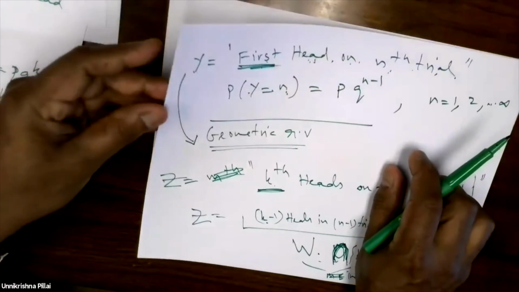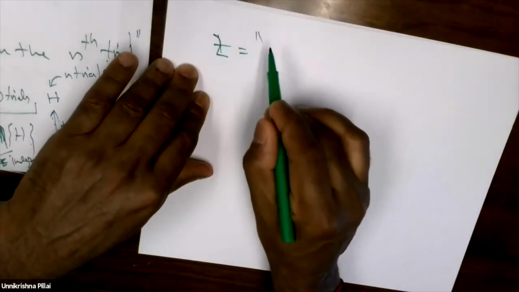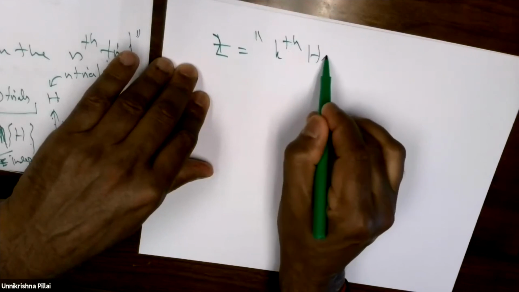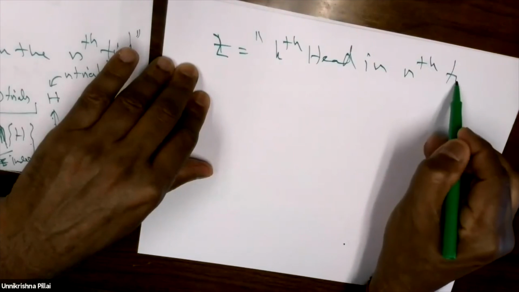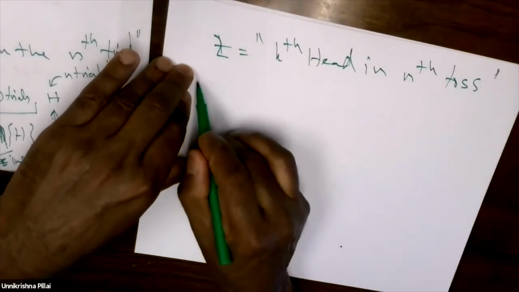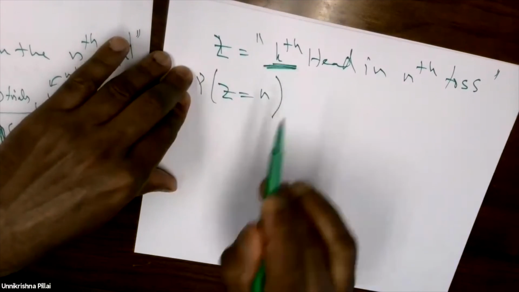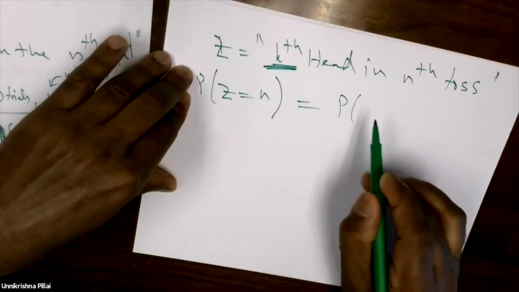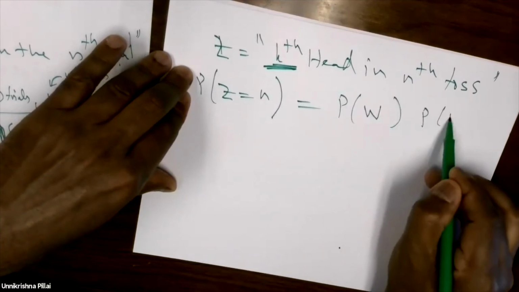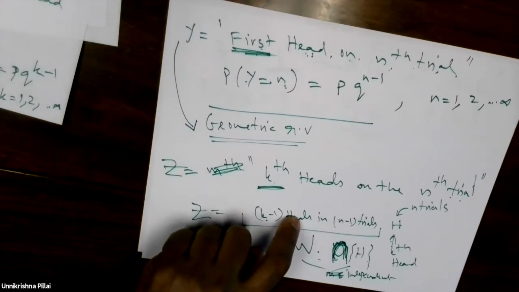So look here, Z is the Kth head in the nth toss. So probability of Z equal to n. N is what we are interested in. The number of heads is fixed, K heads. So this is the same as probability of W multiplied by probability of head. What is W here? W says K minus 1 heads. It doesn't matter in what order.